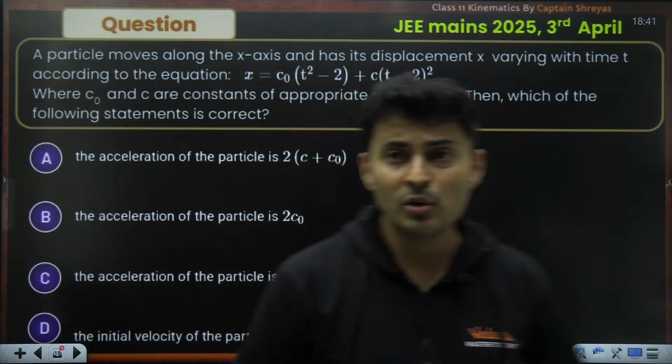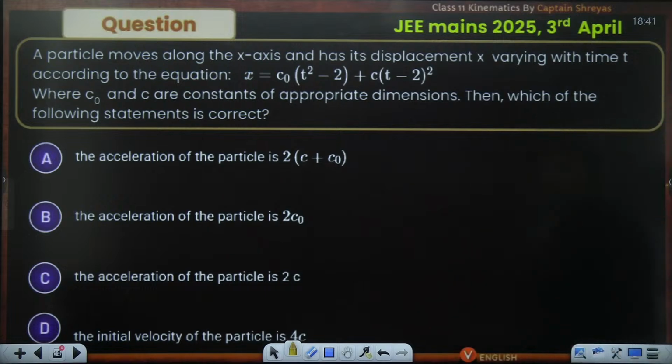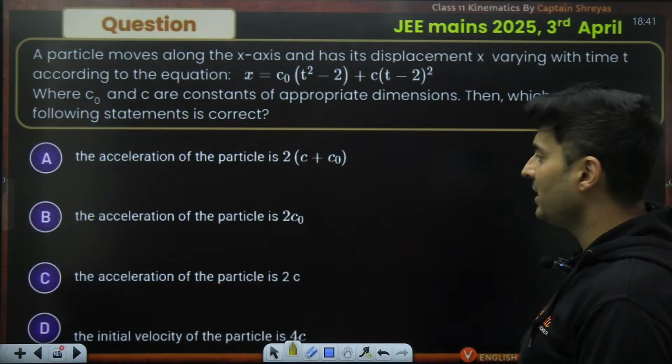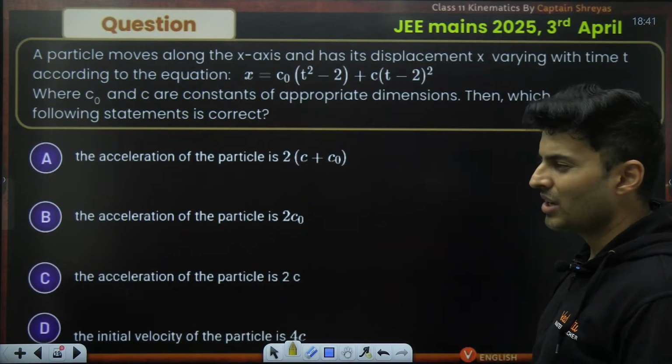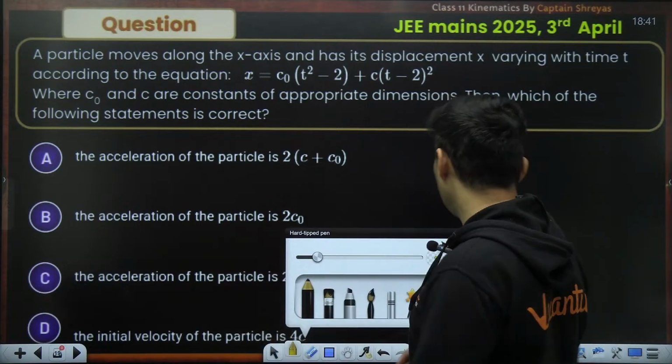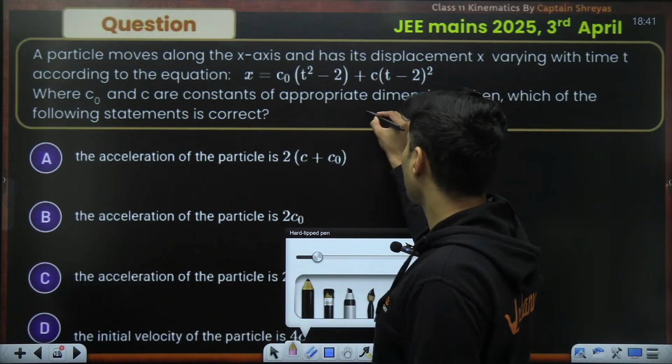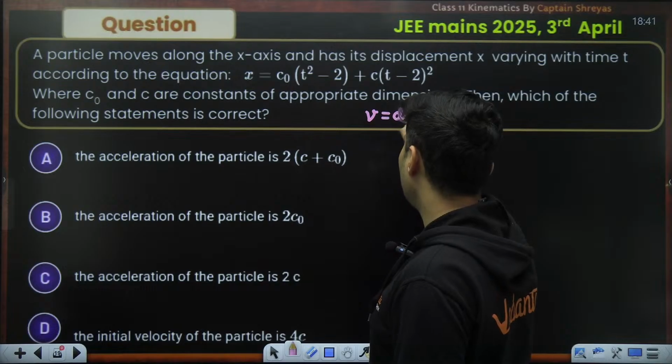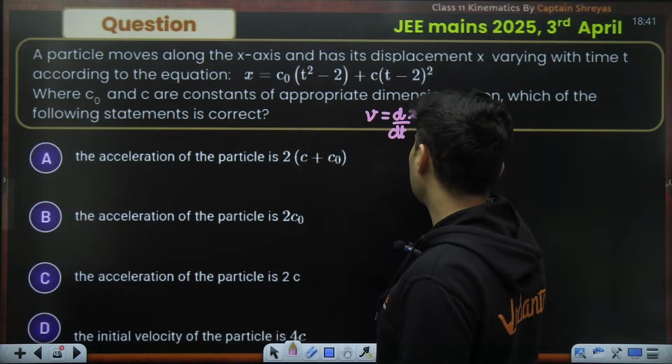There is a particle whose position is again given, C0 and C are constants, then which of the following is correct? Acceleration. So acceleration means I have to find the derivative of velocity, and to find velocity I need the derivative of position. So let's start. Velocity is the derivative of position.